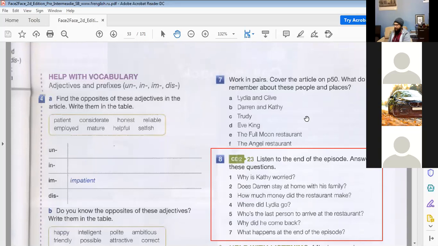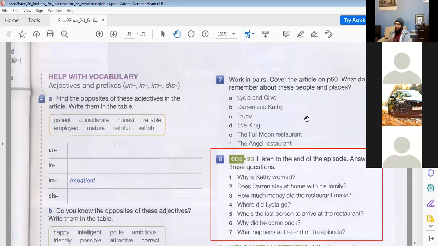And where did Lydia go? She went to the Angel restaurant. And who's the last person to arrive at the restaurant? We're just guessing, by the way, now. Maybe Clive. Or Darren.